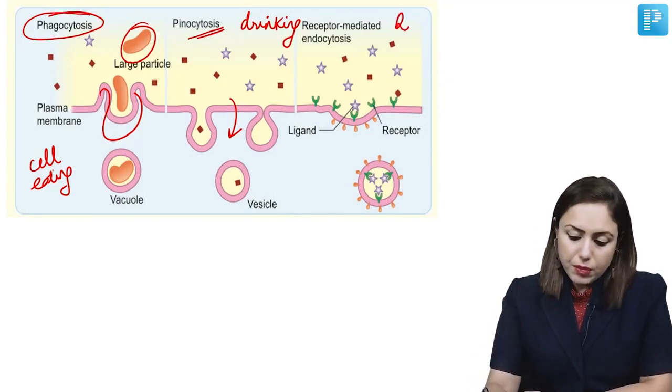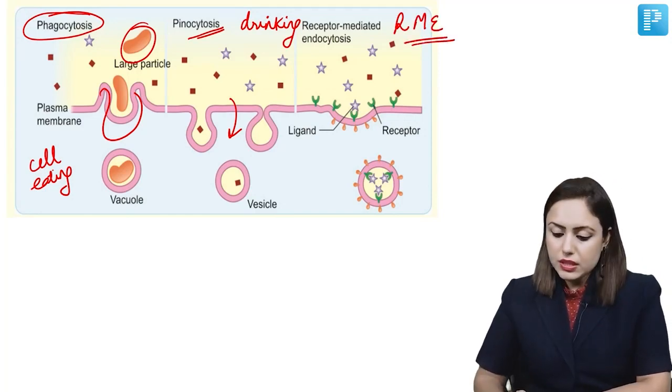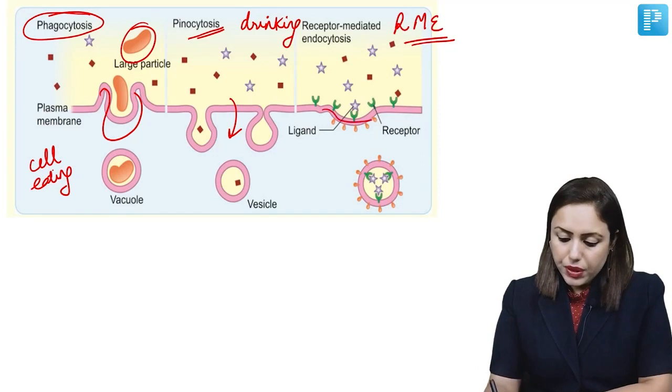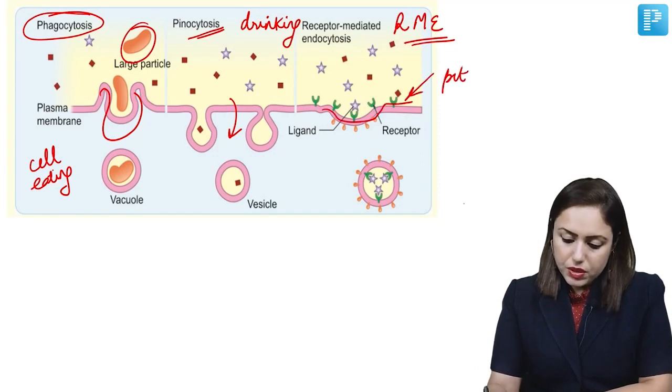Then we have receptor mediated endocytosis. In this case there is a pit in the membrane, which is coated by a special protein, that is clathrin.